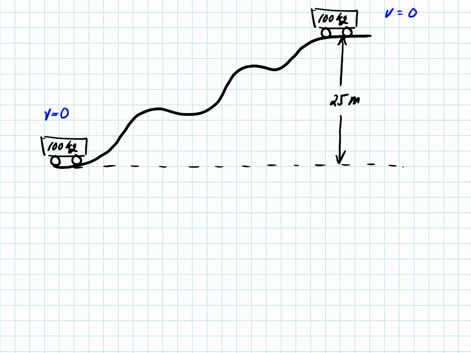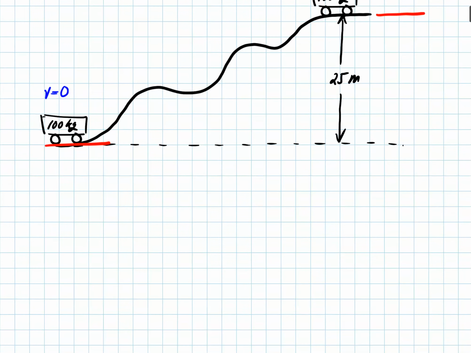Okay, this idea that the work you do against gravity is completely path independent means it doesn't matter how you go from some level up to another level, the work you do is still going to be the same. So let's look at this example.